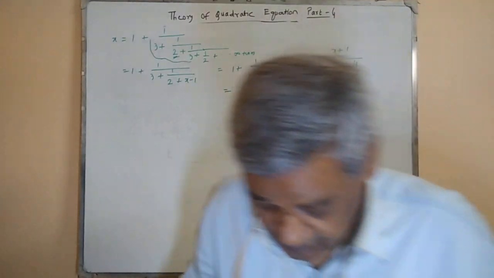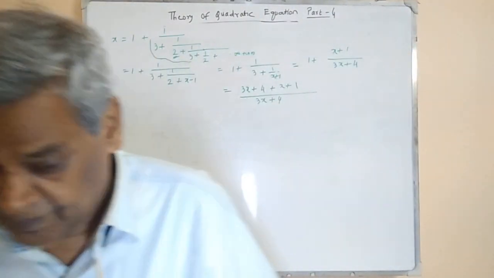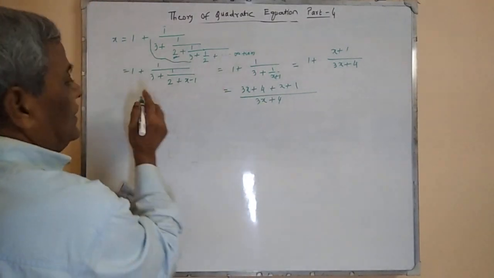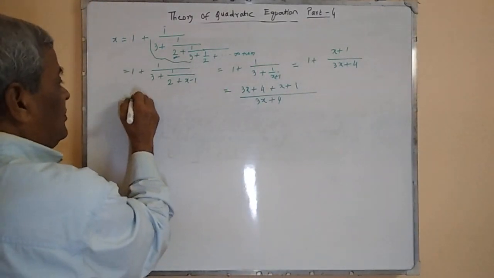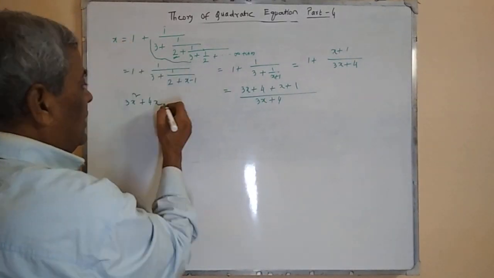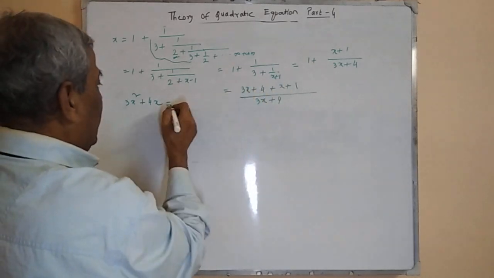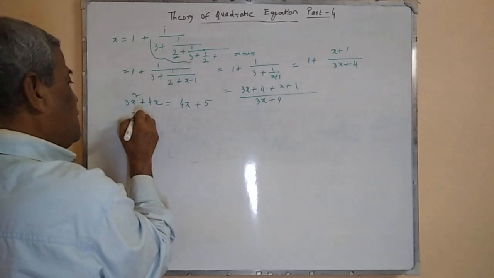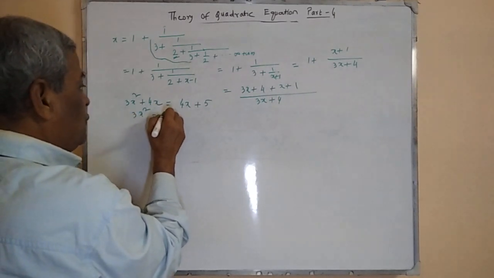Hence, we get 3x square plus 4x is equal to 4x plus 5. That is 3x square is equal to 5.